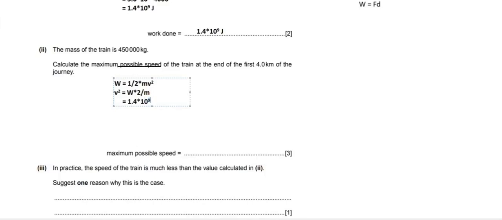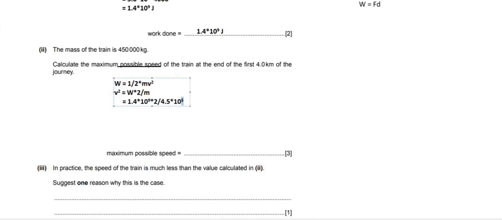This is the value of the work done that we already calculated, multiplied by 2 divided by the mass, that is 4.5 into 10 raised to 5 here.